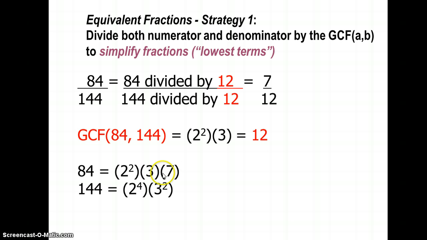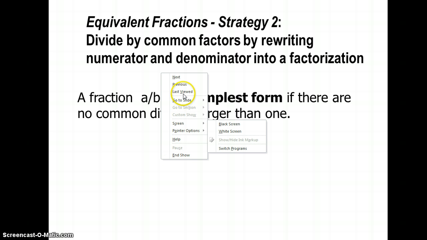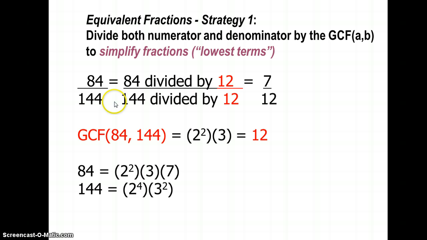So this is, remember how you can factorize, find the greatest common factor. And then I just divide this by 12 to get 7, divide this by 12 to get 12. So 7/12 is the lowest term for this fraction.